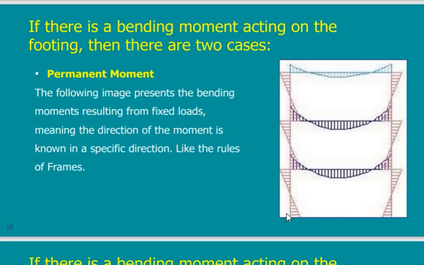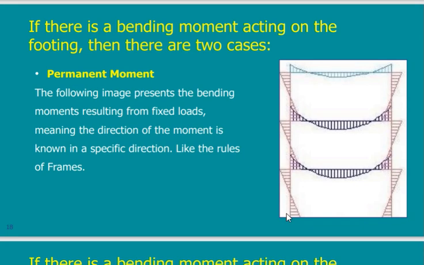This is the only difference between this footing and the normal isolated footing, because to cancel the moment I shifted the column. So in this case it will not be just a typical isolated footing. It's typical but with a shifted column. This is the only difference.